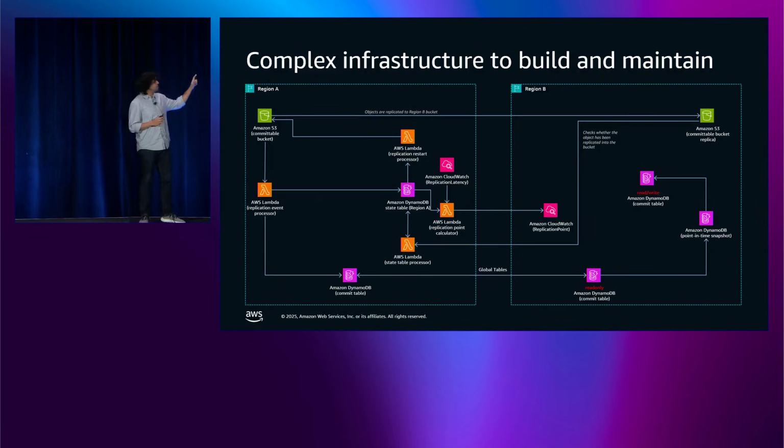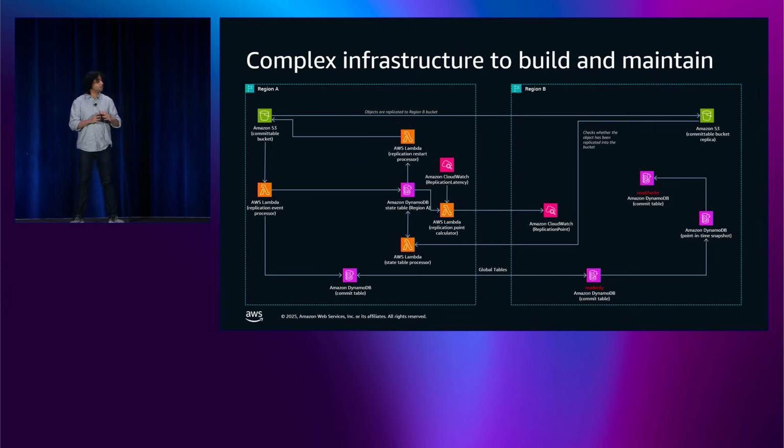And there's a bunch of Lambda functions, CloudTrail, S3 inventory, and other stuff that goes under the hood to make this successful. So while they were able to get this, we hear this from multiple customers who want a simple and easy way to replicate their tables from region A to region B.